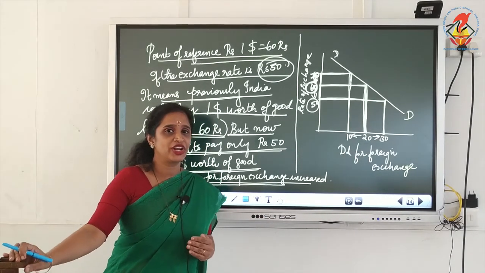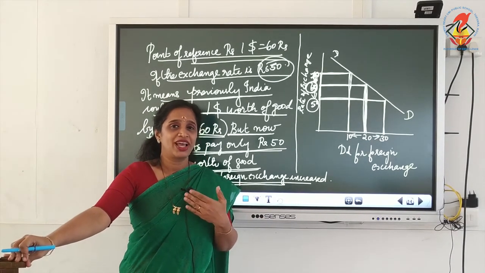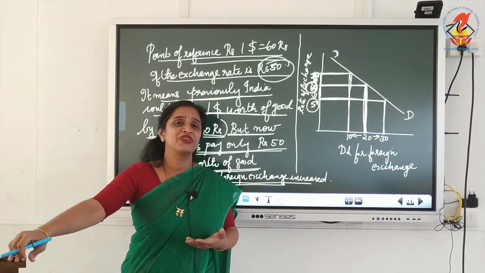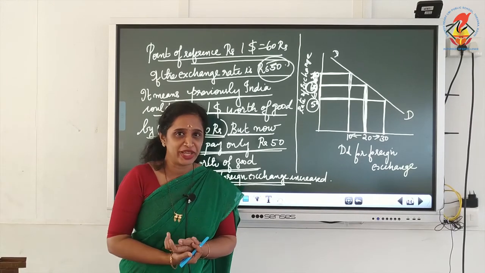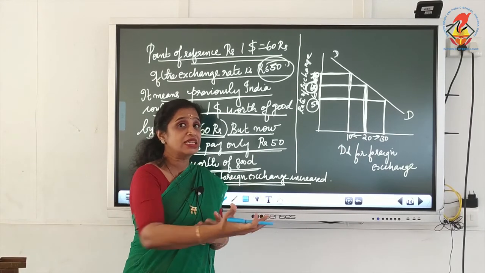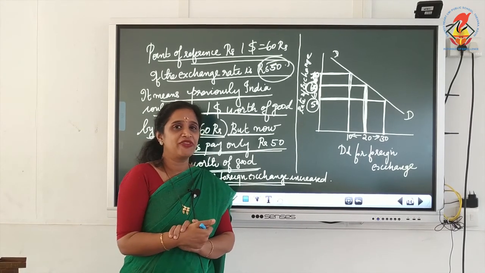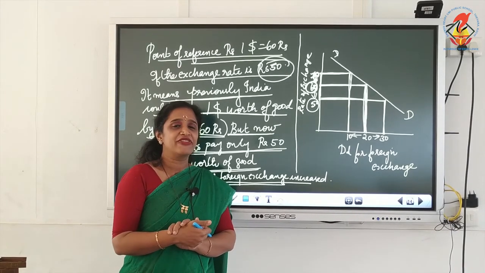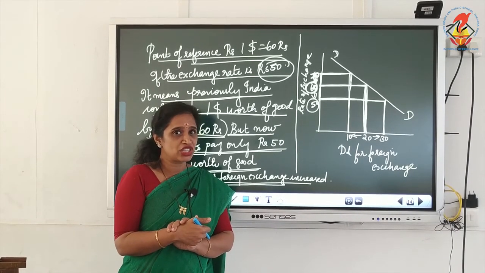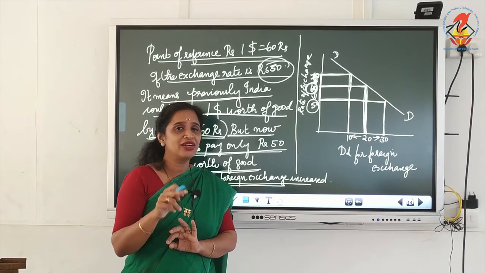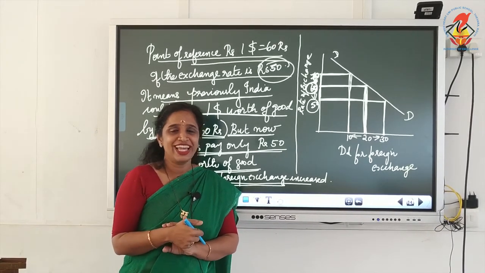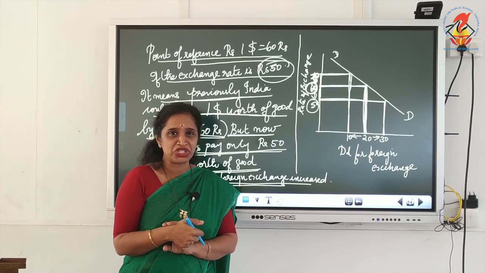Now here, children, you will have a doubt with regard to whatever I have explained in managed floating. In managed floating, when the demand is increased, RBI will buy the foreign exchange in the international market, therefore demand will increase. Therefore, you have learned exchange rate will also increase. That may create a confusion for you.